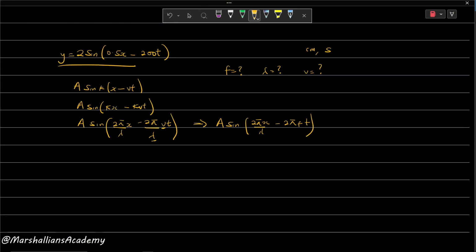Now look at this. This equation looks very similar to this equation. A sine, nothing in front of the sine. Something x minus something t. So I could say by comparing, which equation am I comparing? This and this.